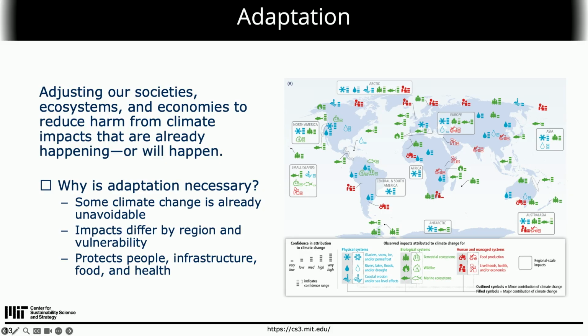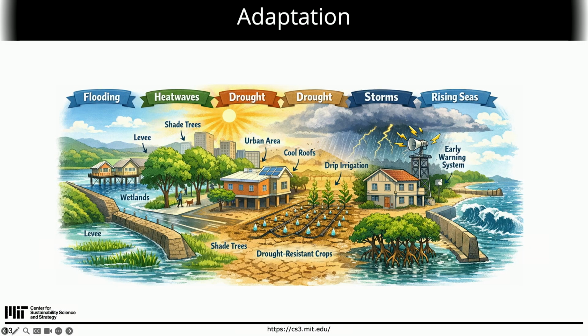So adaptation is many things. This is a summary of the threats on top, and in the picture, different strategies to tackle the threats. For example, for flooding, you might want to build a levee to keep the rain apart from the buildings. In terms of heat waves, shade trees can be planted in the cities, or we can do cool roofs by painting the roofs white.